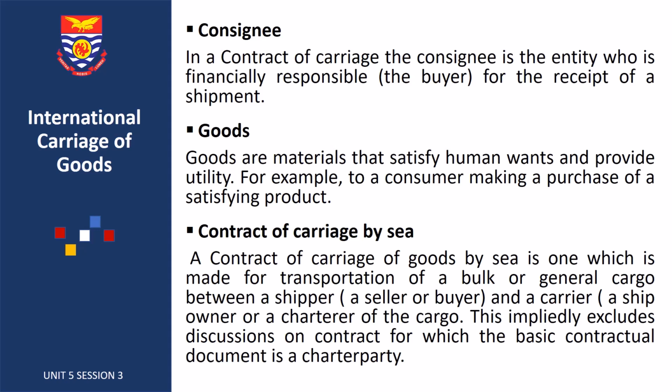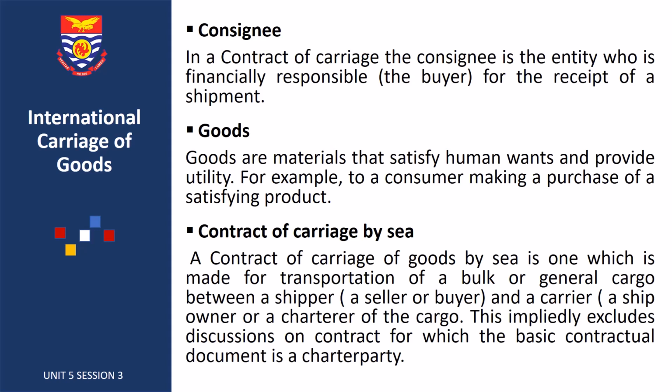When we come to goods, the good is the material which you are buying to satisfy a human need or human want. We come to contract of carriage by sea. A contract of carriage of goods by sea is made for transportation of bulk or general cargo between a shipper and a seller, that's like a shipper's owner, and a character of the cargo.